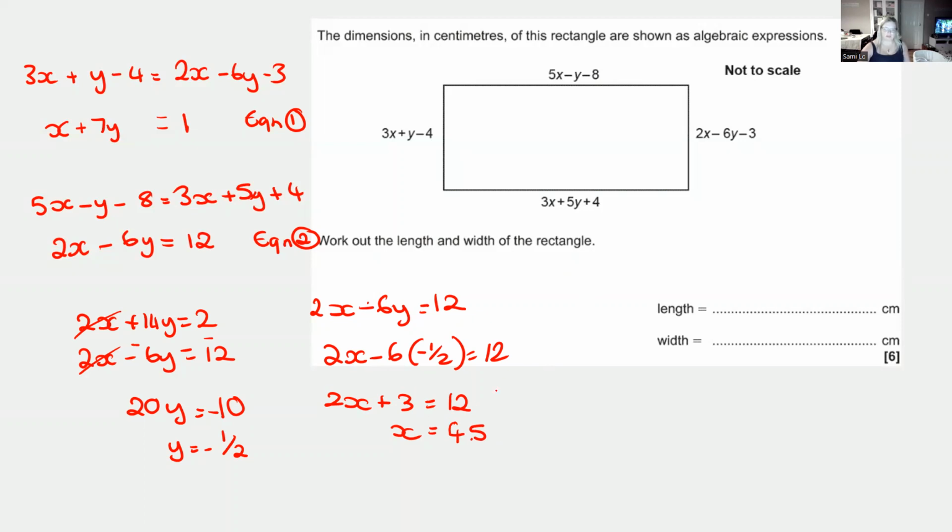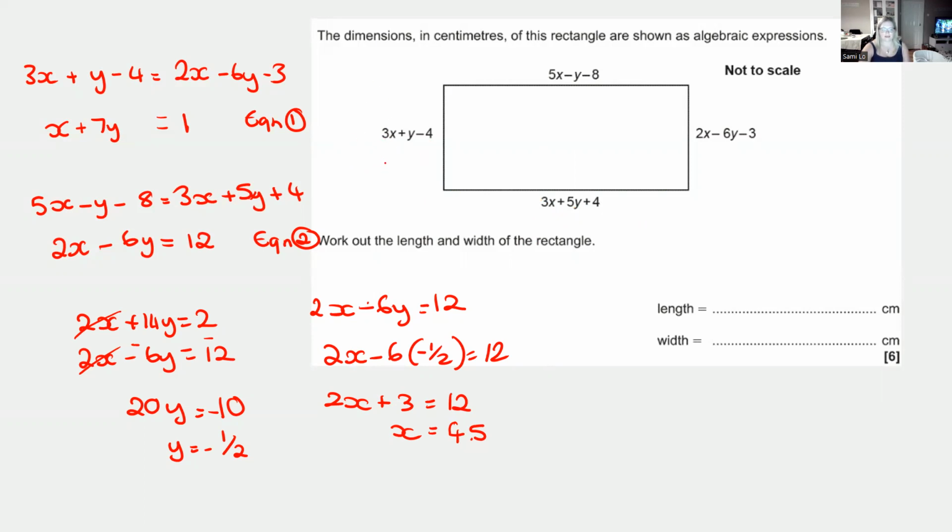Okay, and obviously you might have done all the workings there. I've just tried to simplify it down. Now we can put it in any one, so let's go for this one first. So we've got the length and the width. It doesn't matter which way around they go as long as you've got them, because technically a rectangle can be any way. I tend to use this one as the width though. So let's do the length first.